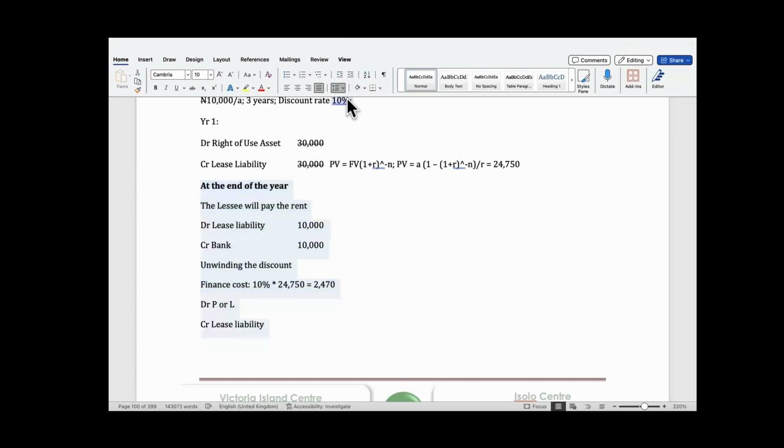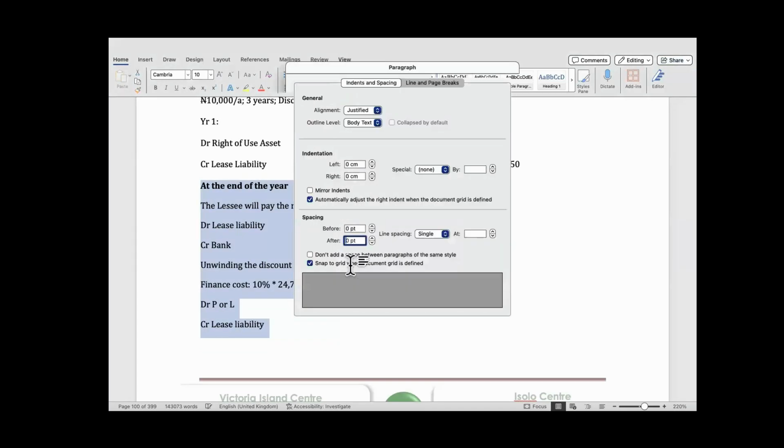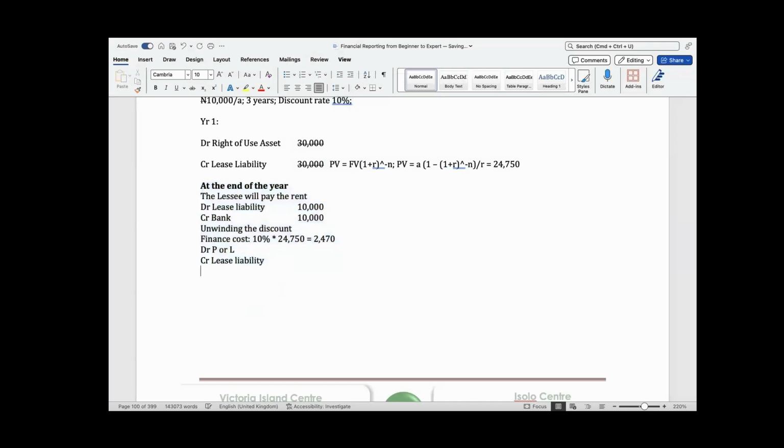Now, all of this double debit credit thing I'm teaching you is just to really build you squarely. In exam, the examiner doesn't really ask you so much about this debit and credit. All you just need to know, let me summarize all these debits and credits from year one down to this place.